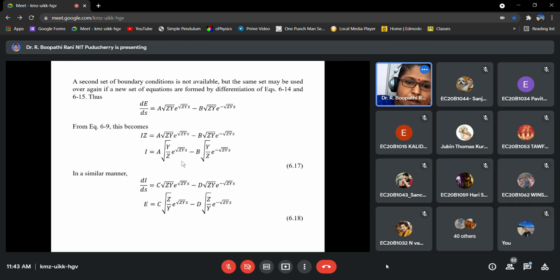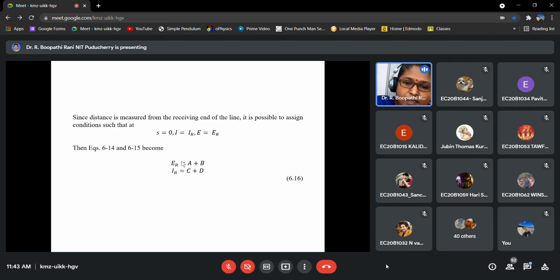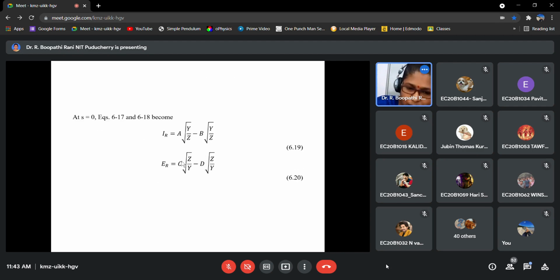We got ER as A plus B, and ER is the receiving end voltage. This can be written as ZR IR, so IR equals A by ZR plus B by ZR.